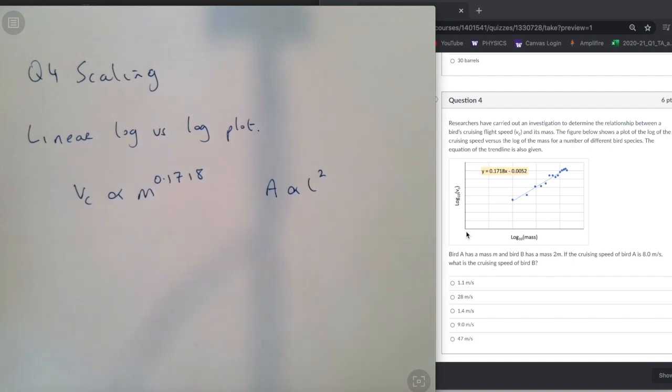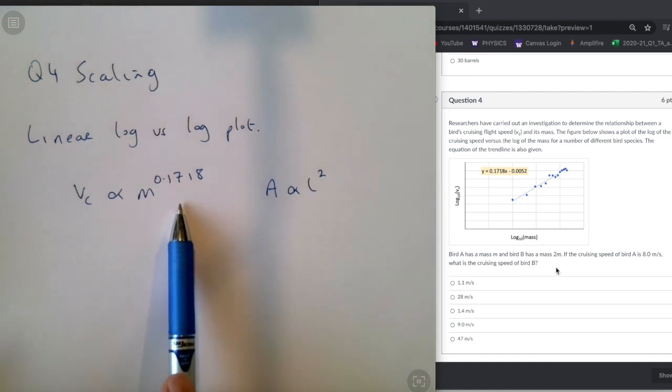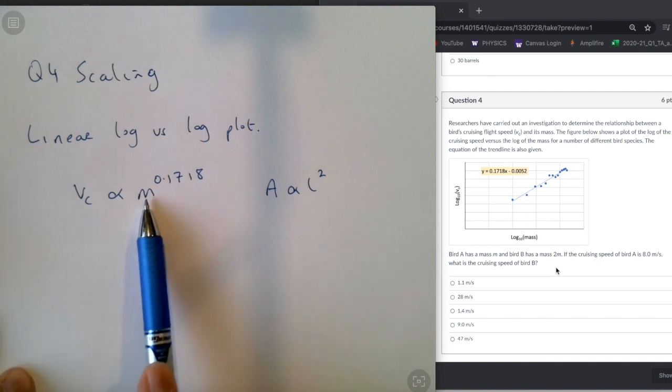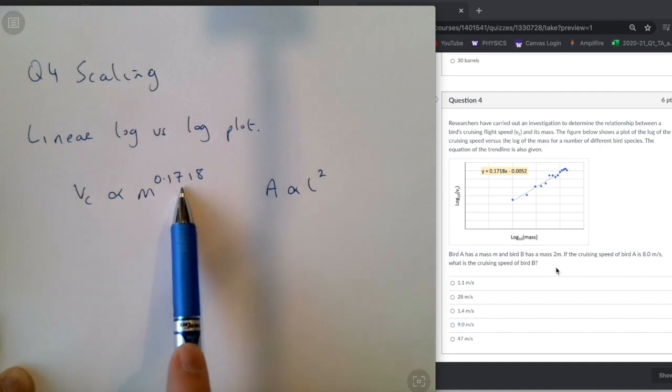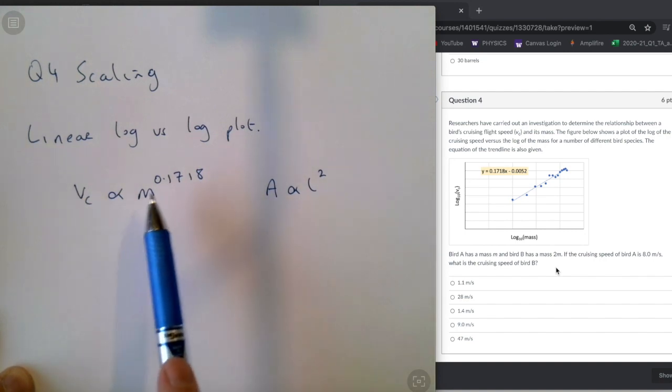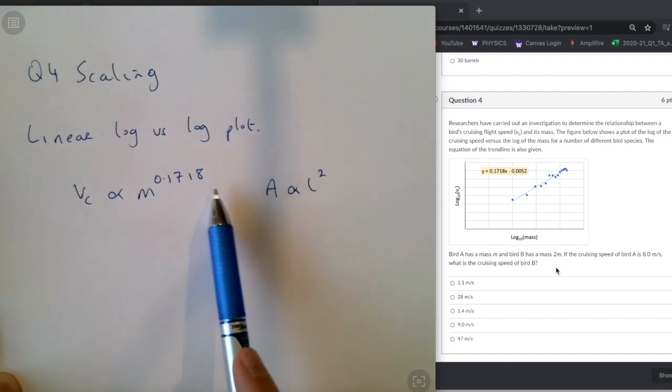Here we're told we have a bird A of mass m and bird B of mass 2m. So we're changing the mass by a factor of 2. We tell you the cruising speed of bird A, so what's the cruising speed of bird B? If we raise the mass by a factor of 2, then the cruising speed will scale by a factor of 2 raised to this power, times the cruising speed of bird A, which is 8.